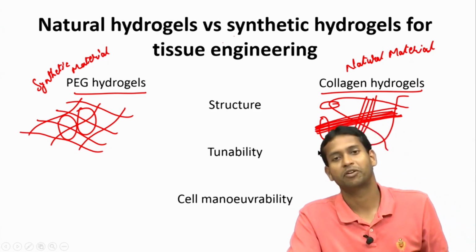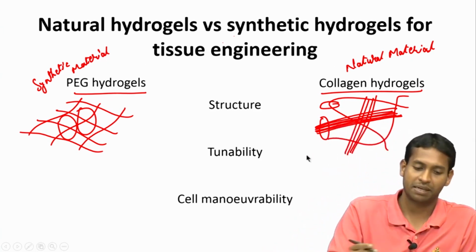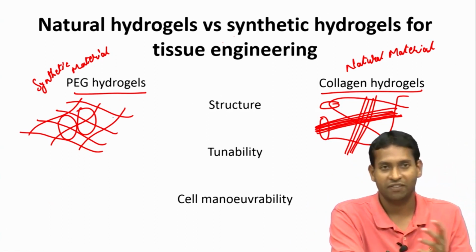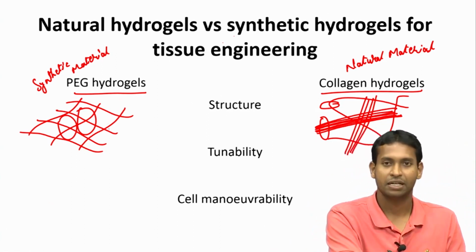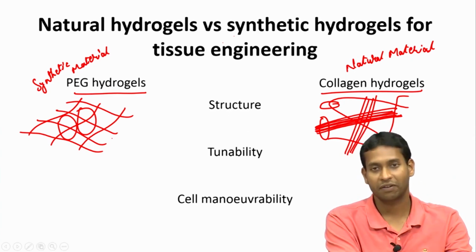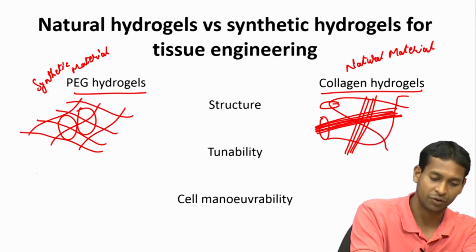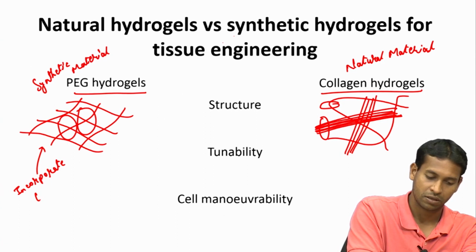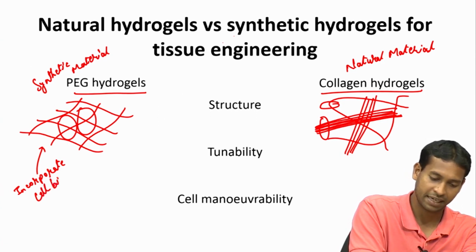And what about the cell maneuverability? That is another good example here. Now these PEG hydrogels do not have any cell binding sites. So first of all, the cells may not want to interact with it, so you have to incorporate cell binding sites.